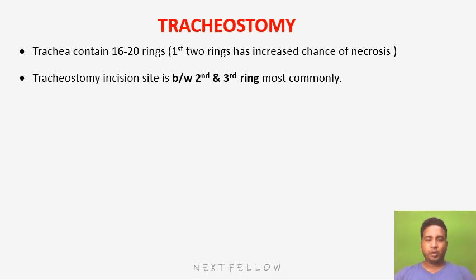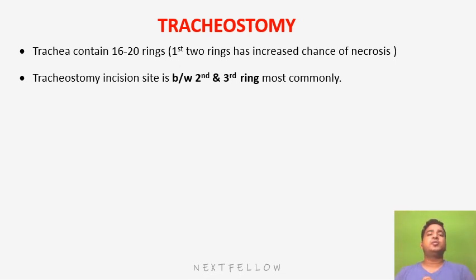In a human body, when we do the tracheostomy, it starts from the first ring up to the level of the fifth ring. So we do the tracheostomy between the first to fifth ring, and the most common site is the second and third ring. If we do the tracheostomy at the first ring, that is the starting point of the tracheal rings, then it is called a high tracheostomy.